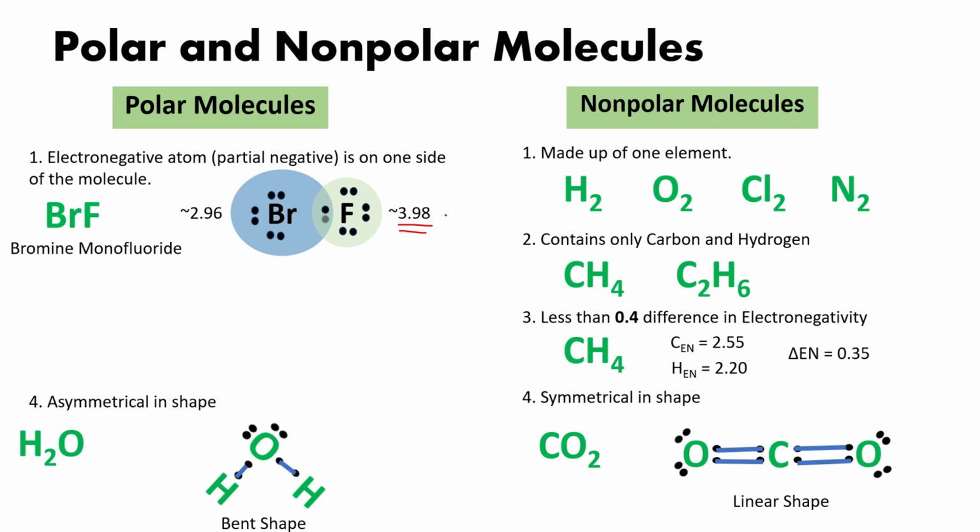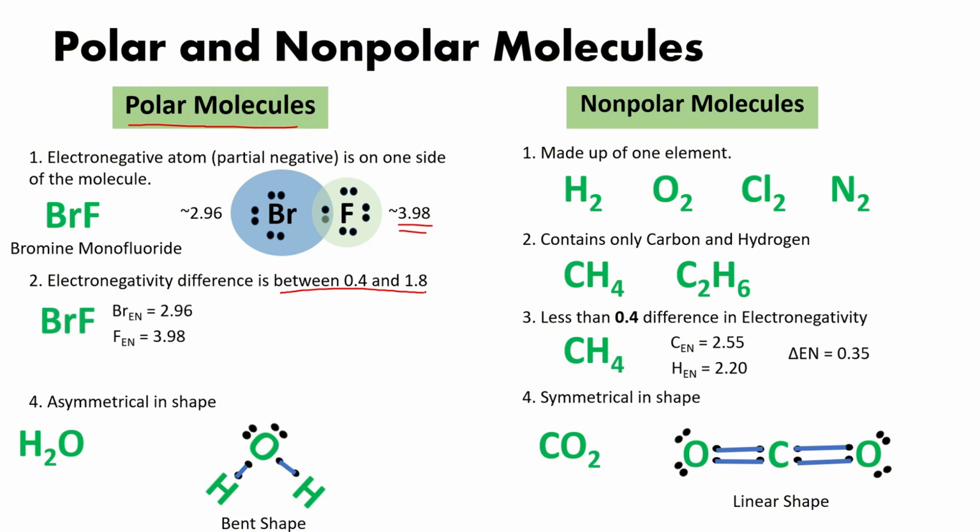Okay, now if we do the difference of electronegativity for polar molecules, it should be between 0.4 and 1.8. So if we do the difference, 2.96 for Br and 3.98 for fluorine, we subtract the smaller number from the bigger number, and we get 1.02.